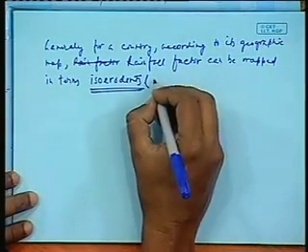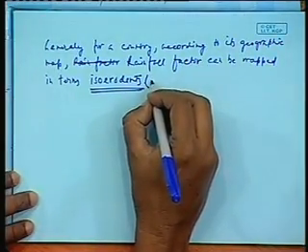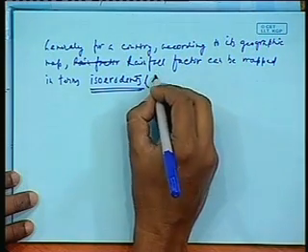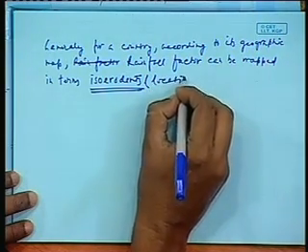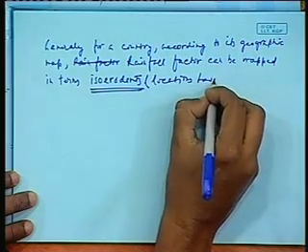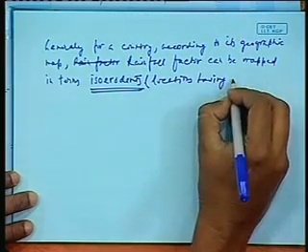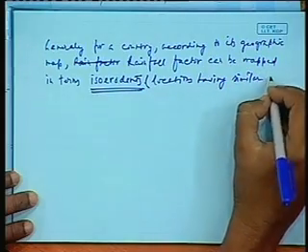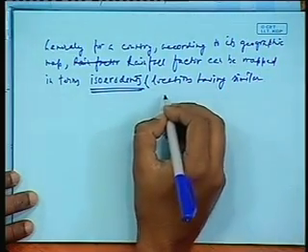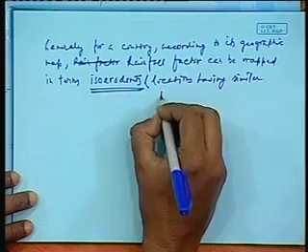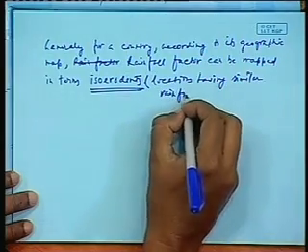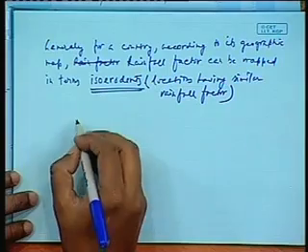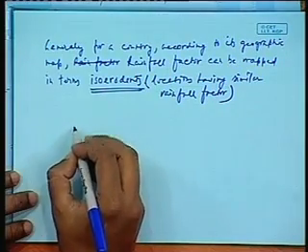Isoerodents are locations having similar rainfall factor. Similar rainfall factor.